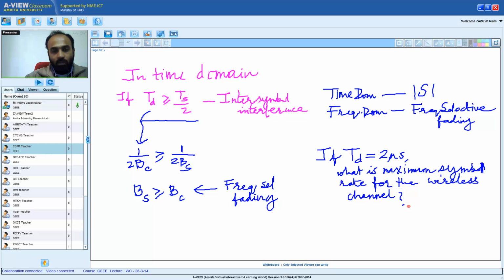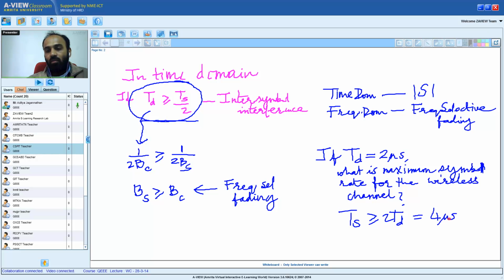The maximum symbol time is 4 microseconds, right? Because if you look at this, for intersymbol interference, TD has to be greater than or equal to TS by 2. To avoid intersymbol interference, TD has to be less than or equal to TS by 2. So TS has to be greater than or equal to 2 TD, which equals 4 microseconds.